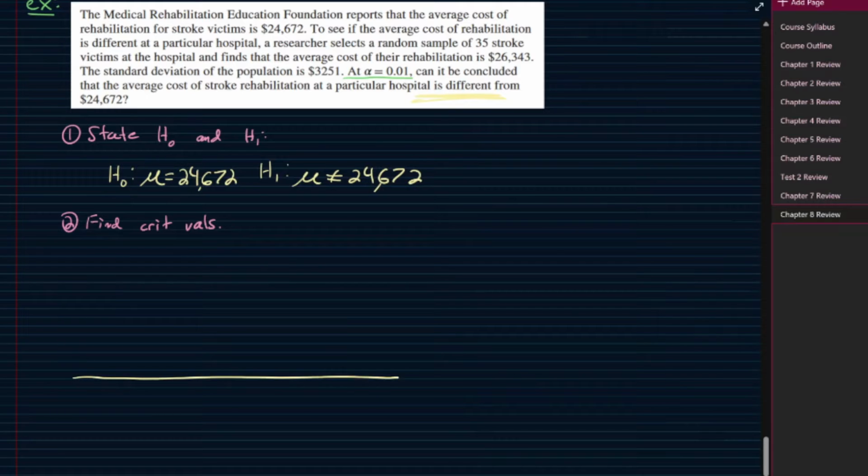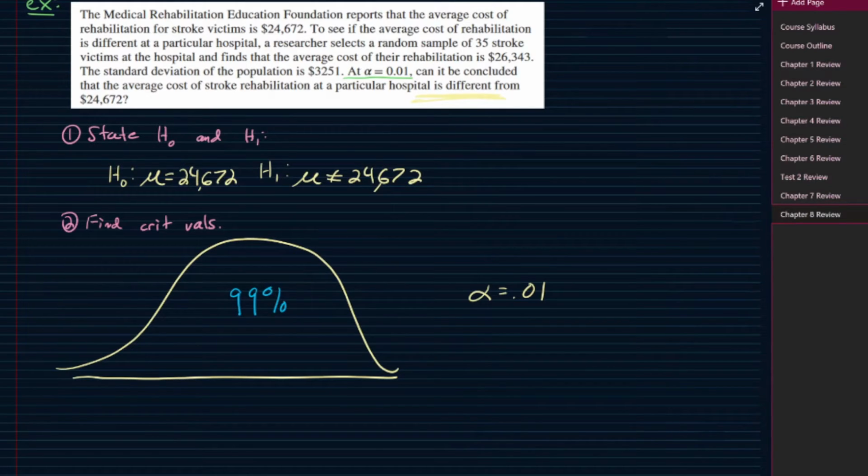So, let's draw a picture. And our alpha that they're giving us is 0.01. So if our alpha is 0.01, the rest would be 0.99, aka 99%. So the two tails are going to represent 1% of the data. The rest, the non-critical range, represents the other 99% of the data right here.